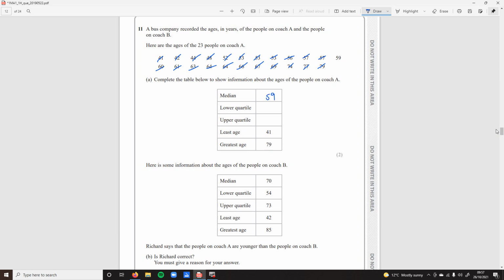The lower quartile, oh god. I literally haven't done this in ages.